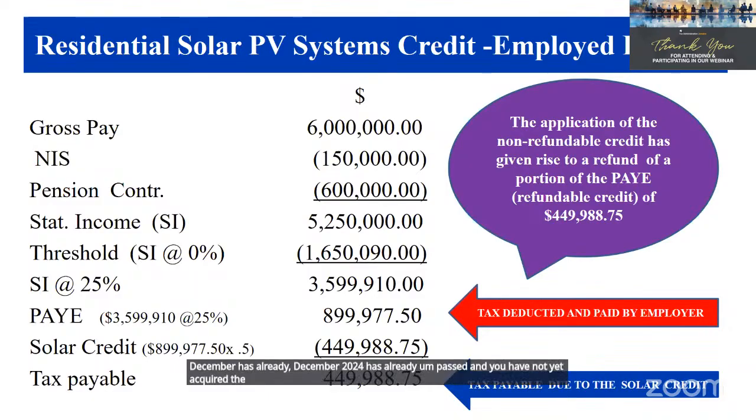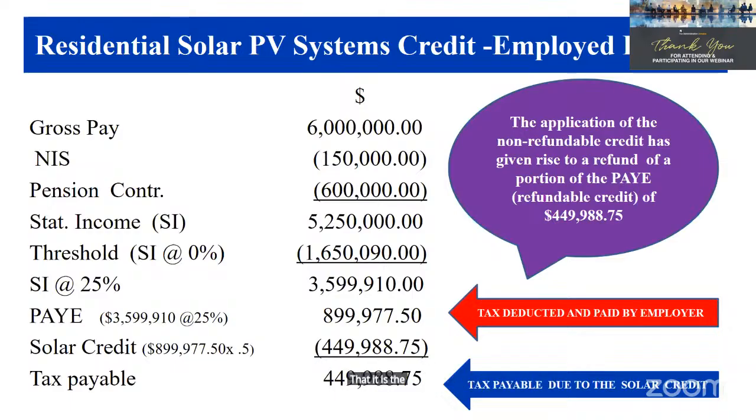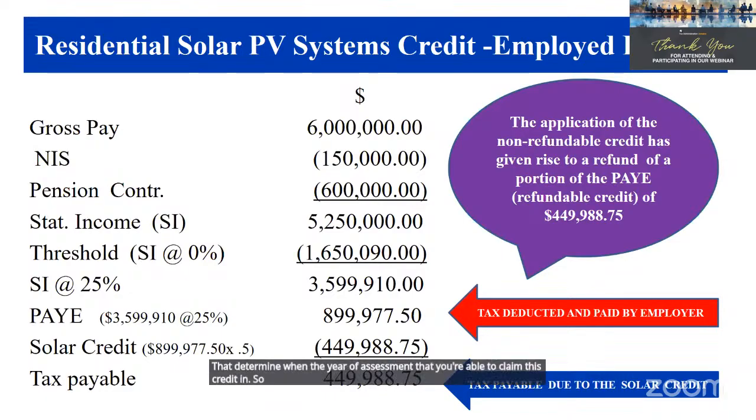Let me just say this again, that it is the date of the licensed electrical inspector's certificate that determines the year of assessment in which you're able to claim this credit. So the fact that you have not yet installed, you definitely would not have that certificate.